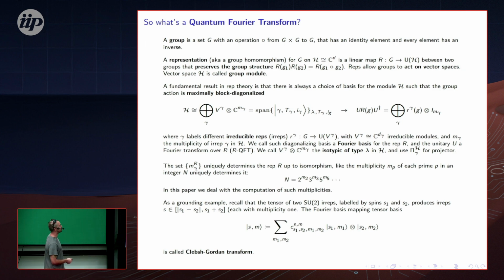And we're going to compute multiplicities. For this problem it's a trivial case, nothing is going to happen. If you then go to SU(d) irreps, it starts getting more interesting. The multiplicities are Littlewood-Richardson coefficients. And we're going to do the same: we're going to tensor two symmetric group irreps, and the multiplicities are going to be Kronecker coefficients.